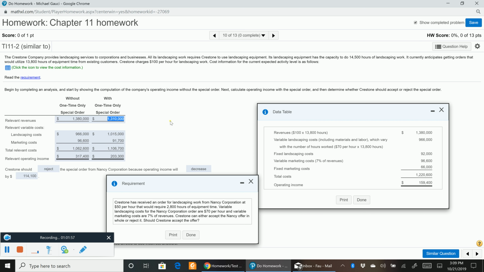Then we subtract out our landscaping cost, which is $70 per hour, so 70 times 14,500 gets you $1,015,000. Marketing cost is 7% of the revenues, so 7% of the $1,310,000 gets you $91,700. Anyway, you work down. If we accept the special order, the relevant operating income actually decreases. So we should reject the special order.